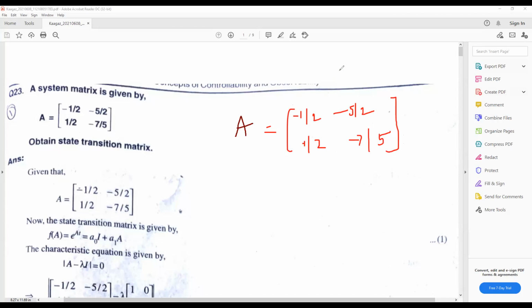So what is the state model? The state equation is x dash is equal to Ax plus Bu. Obtain the state transition matrix.